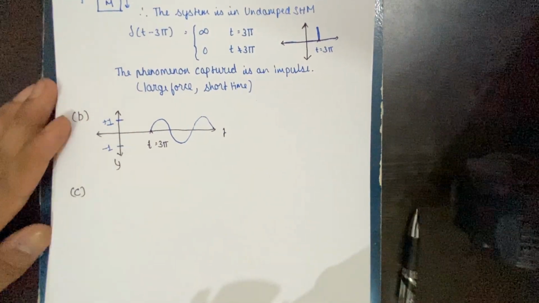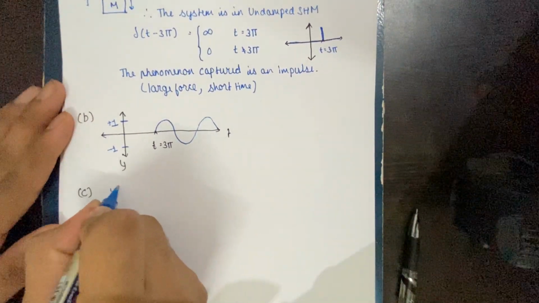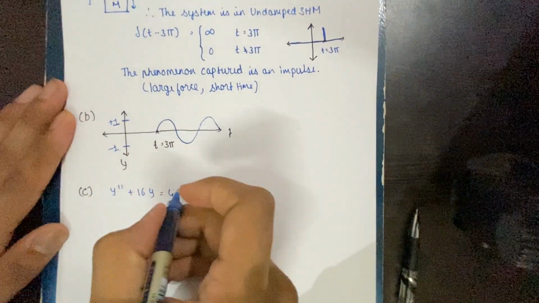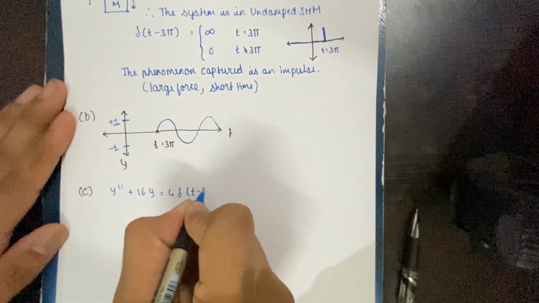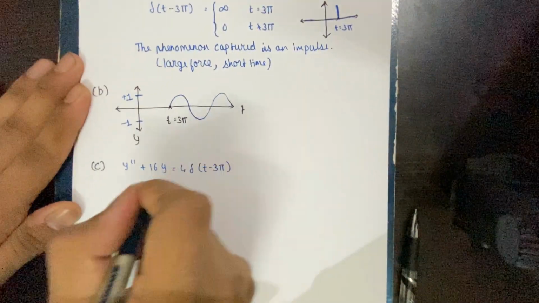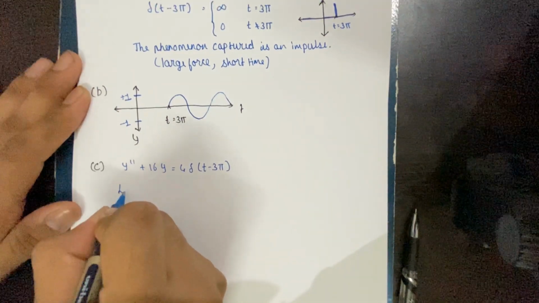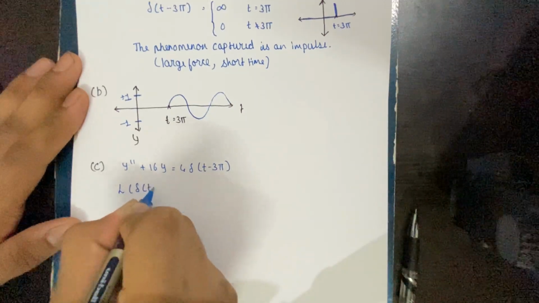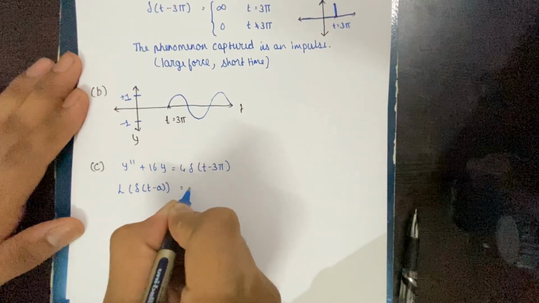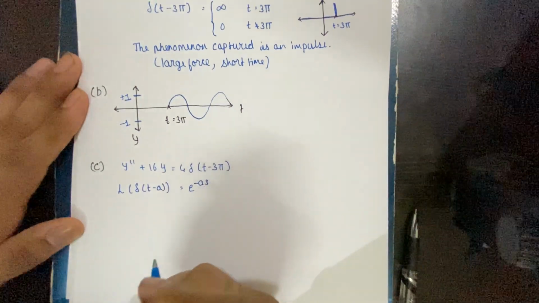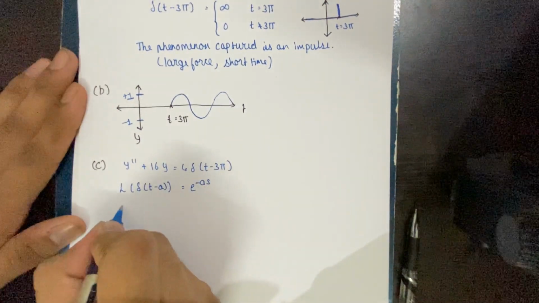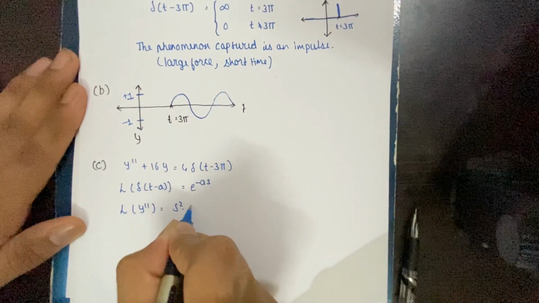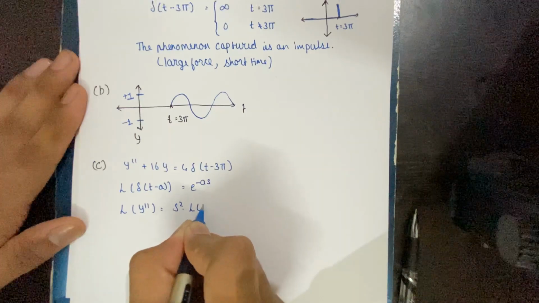So we have this equation: y double dash plus 16y equals 4 Dirac delta of t minus 3 pi. Now one result we should probably know is the Laplace of Dirac delta of t minus a is e to the power minus as, and Laplace of y double dash equals s square times Laplace of y.